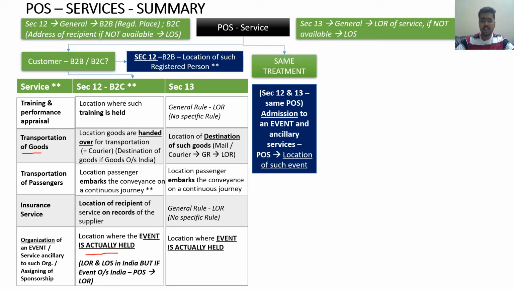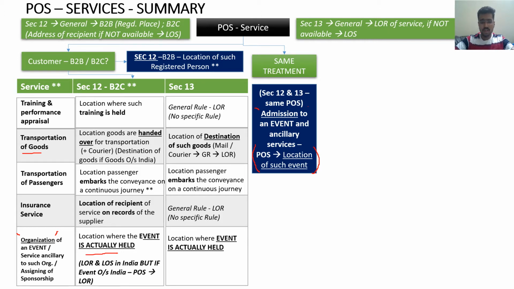So in these kinds of events, what the law says is, if both the parties are in India, or either of the parties is outside India, the place of supply will be the location of such event, right? So how is it different from the previous one? That was organization of an event, and what we are seeing now is admission to an event, right?